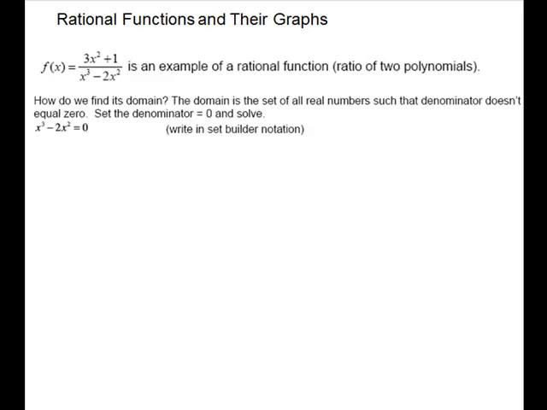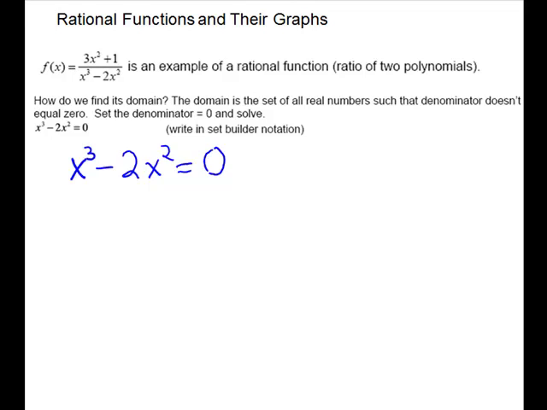Just like with all fractions, we have to worry about a denominator being 0, because if a denominator is 0, it's undefined. So we have to find the domain, and remember we just set this denominator equal to 0, solve, and then we have to throw away those values. So we'll set x cubed minus 2x squared equal to 0 and we'll solve.